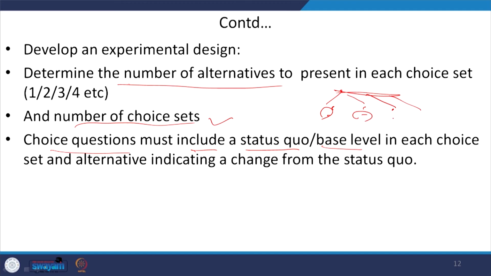It is just like a base level, a status quo in each choice set, and alternatives indicating a change from the original or status quo. How this alternative 1 is different from this, or how alternative 2 is different from this, or how alternative 3 is displaying different characteristics from the original one.